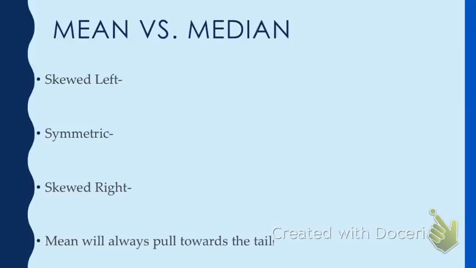So if you go back to page 61, when you have a distribution that is skewed left, I'm going to say my mean is less than my median. When it was completely symmetric, what did you notice about the mean and the median? They were the same.